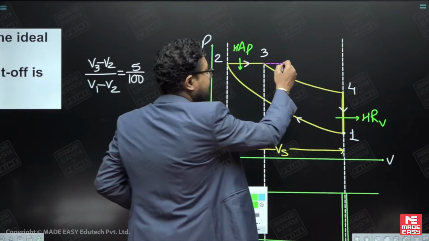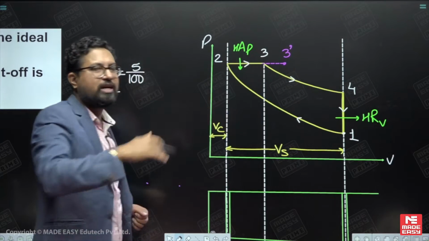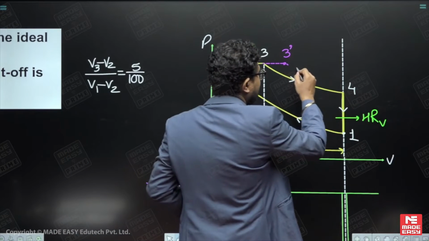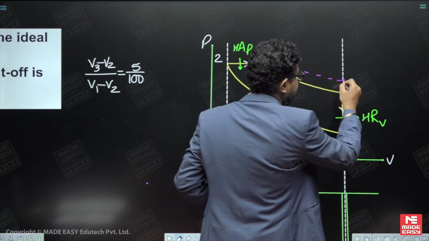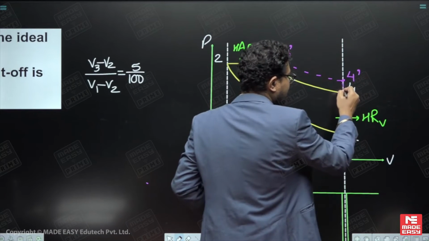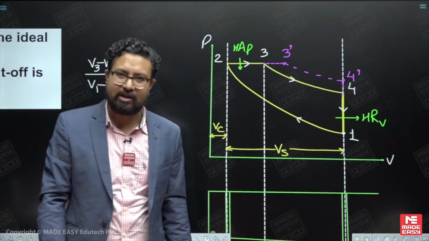So this takes place, for example, 2 to 3 dash, and then from 3 dash to 4 dash there will be isentropic expansion, and from 4 dash to 1 we have the constant volume heat rejection.